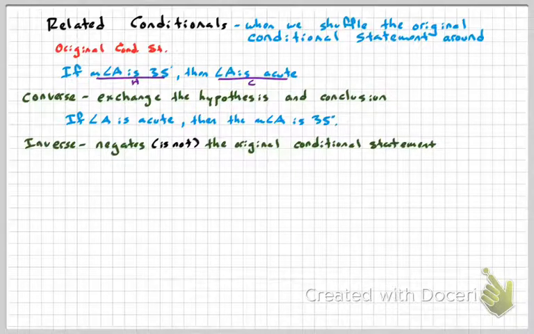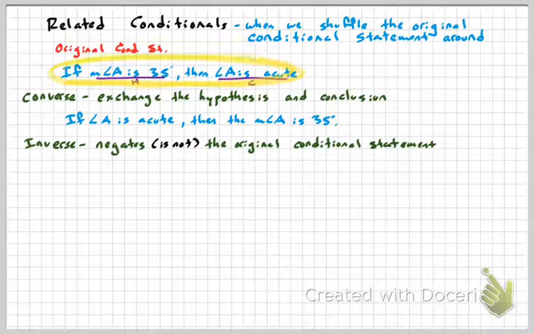So if I said the dog is black, if I wanted to negate that, I would say the dog is not black. Okay? So if I say the angle is right, to negate that, I say the angle is not right. So if I wanted to negate my original, I'm going back to the original order. So the inverse negates the original conditional statement.